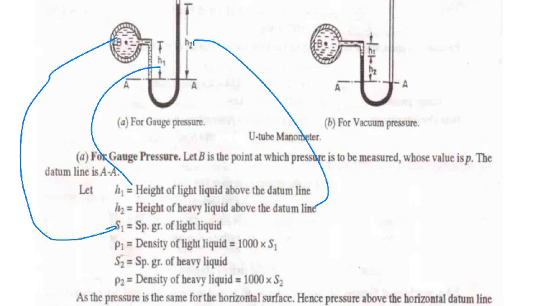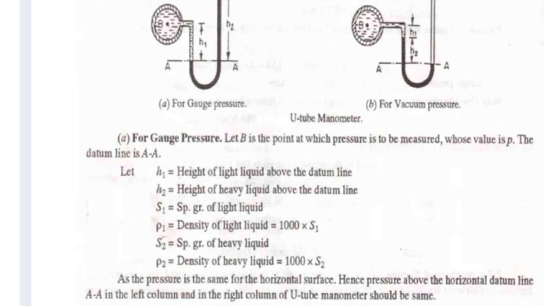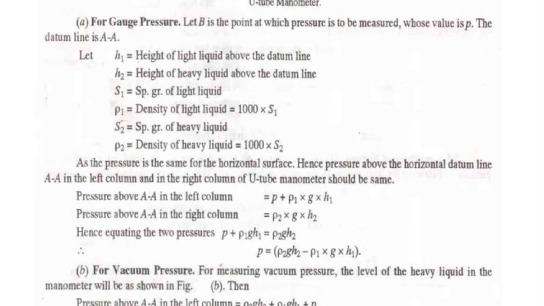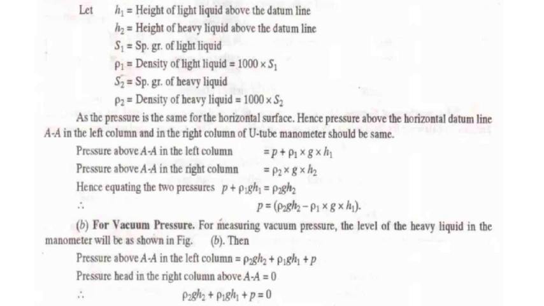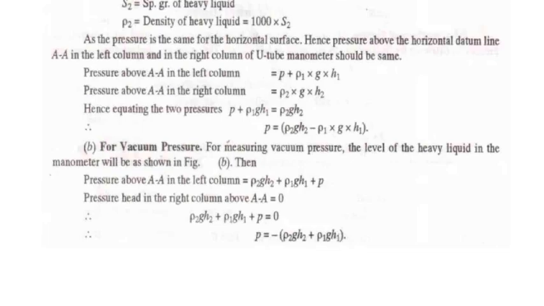The density of the heavy liquid equals the specific gravity of water, because we can use water here for measurement. So for the pressure to be measured, we can use this formula: P plus rho g h.